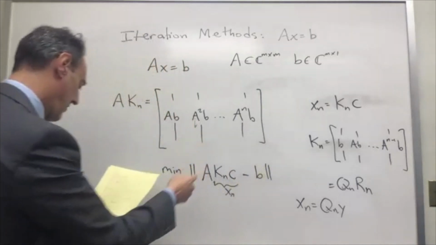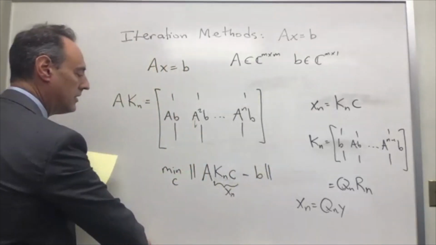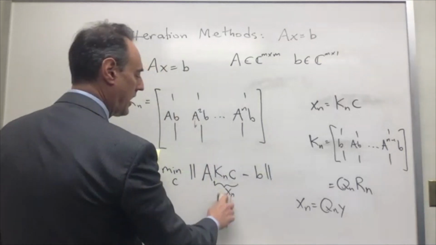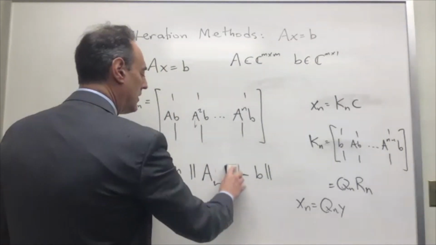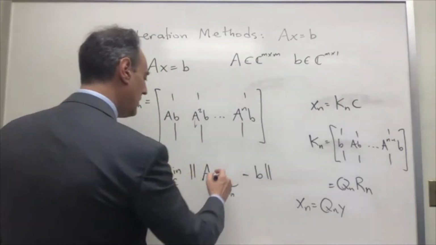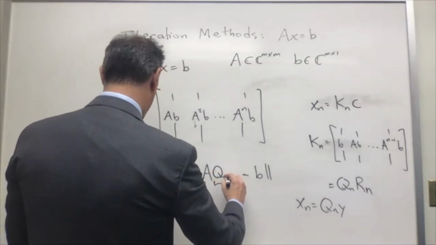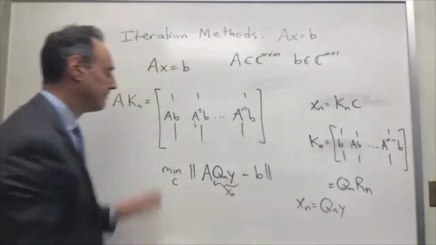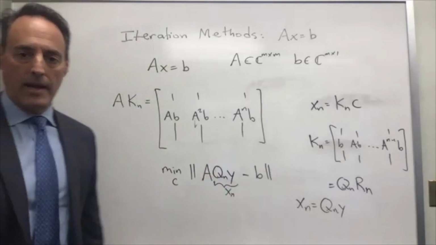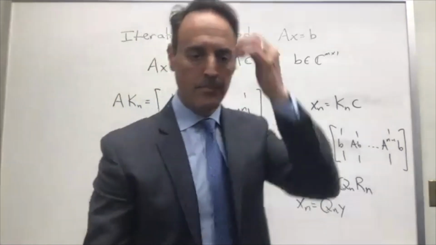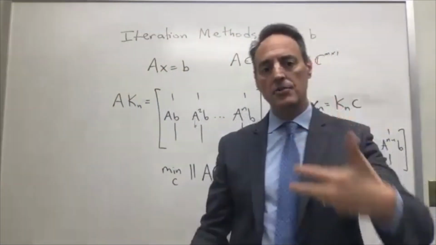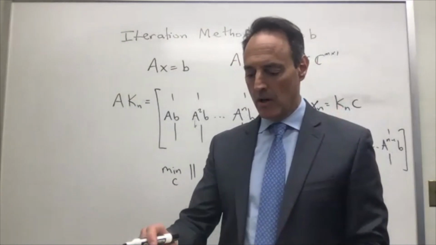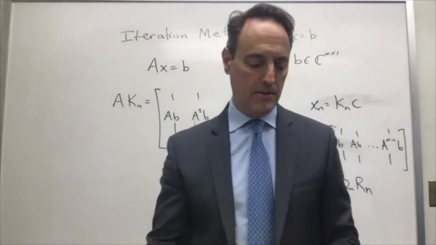So at the end of the day, instead of using this x of n, you trade it out for Q of n y. So this is a nice representation of that Krylov subspace.